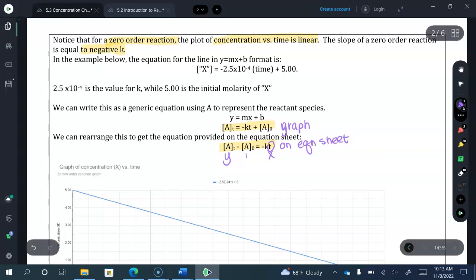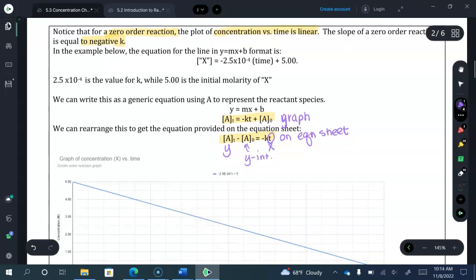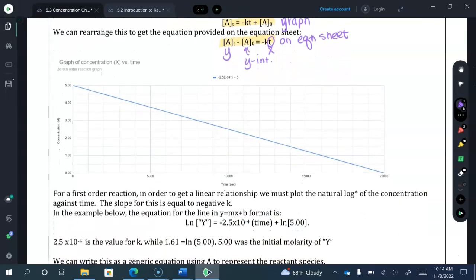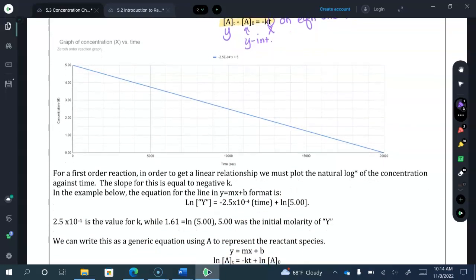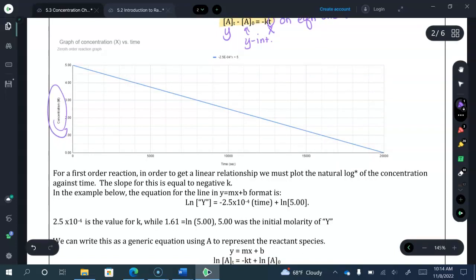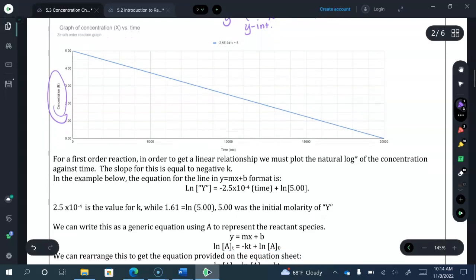And because this is your initial concentration, this is your y-intercept. So this is what it would look like for zero order, but it has to be just the straight concentration. If we do manipulate the concentration to produce a linear graph, it is a different order.